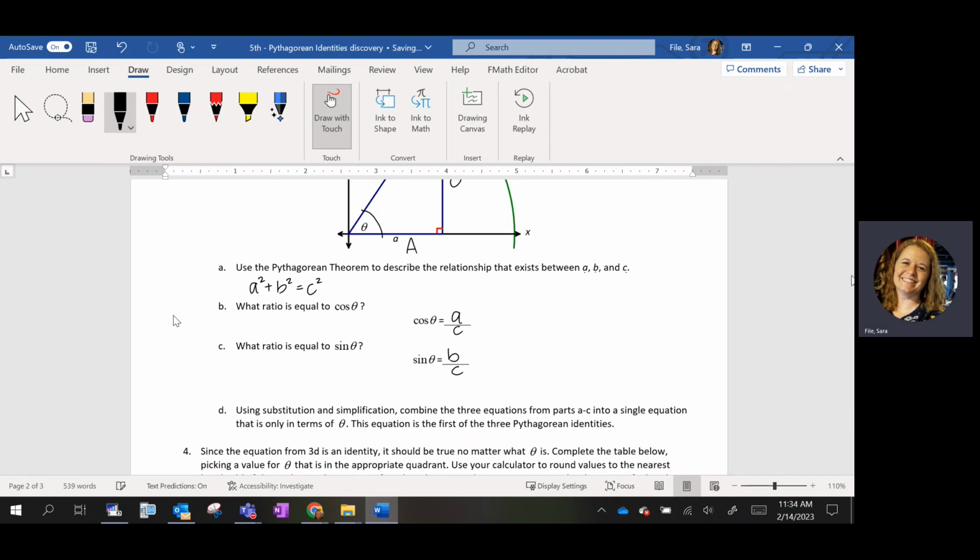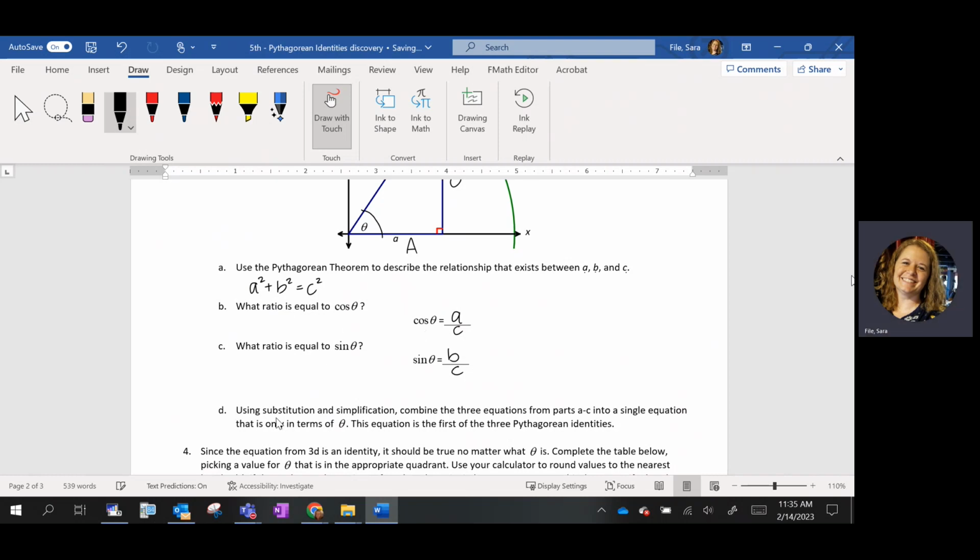We're going to combine those 3 equations into a single equation that is only in terms of theta. So I want to be able to substitute for the A, and I don't want A and B there, right?